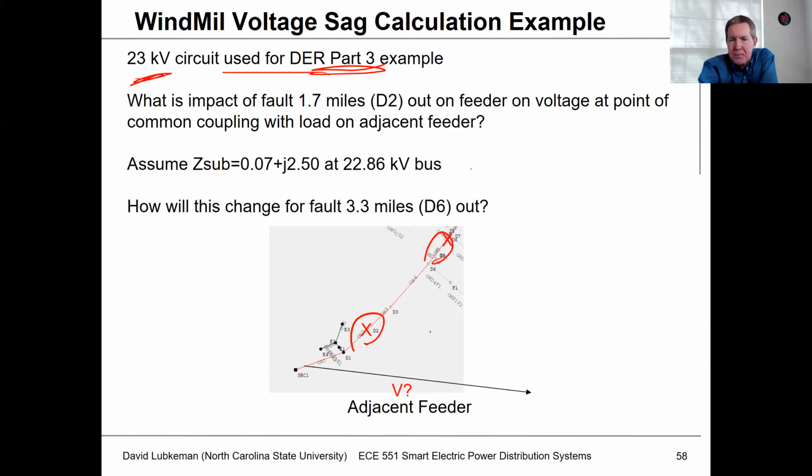It's all the same. So the substation impedance, let's set that to 0.07 plus j2.5. That's the source impedance. And what I'm interested in is I had an adjacent feeder, and I just drew out a feeder. This is the second feeder circuit out of the substation. I'm interested, if I had a customer out here somewhere, what voltage it would see.